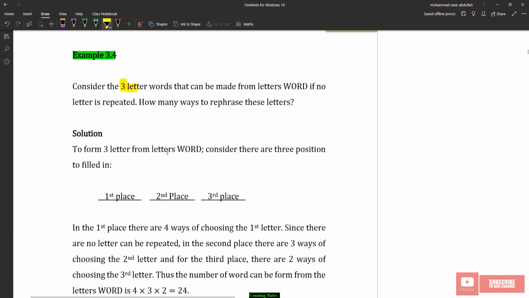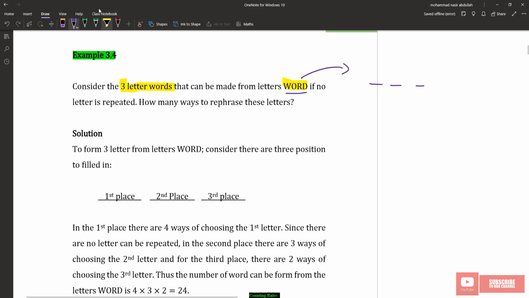We consider 3-letter words that can be made from the letters WORD. WORD has 4 letters. From the letters WORD, we want to form 3-letter words only.